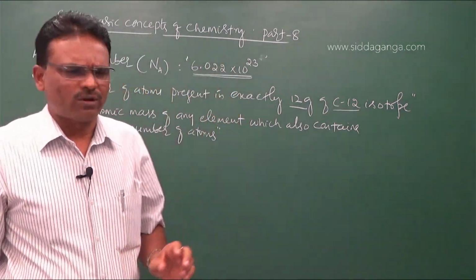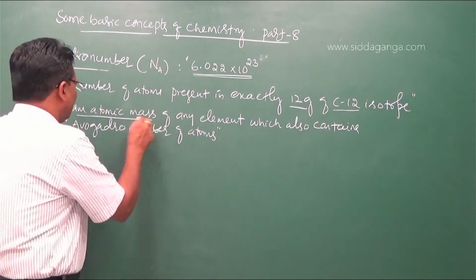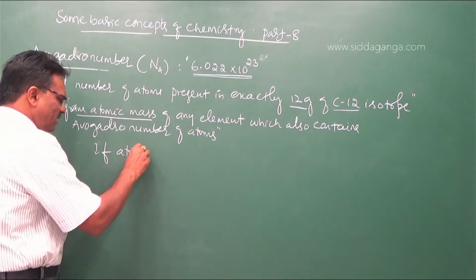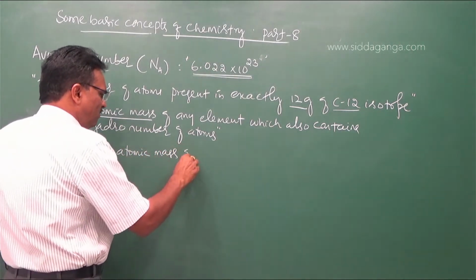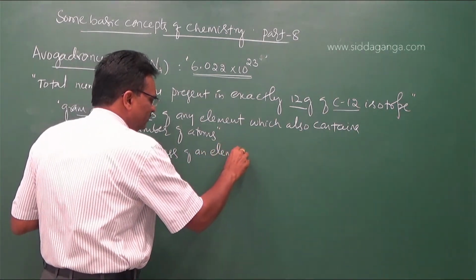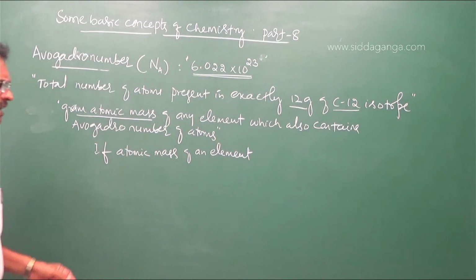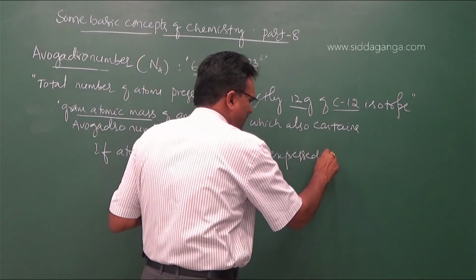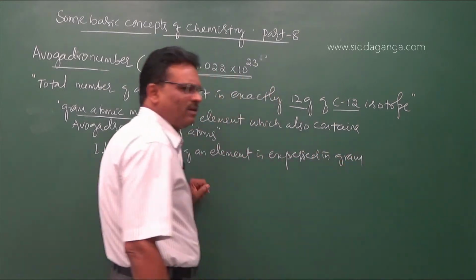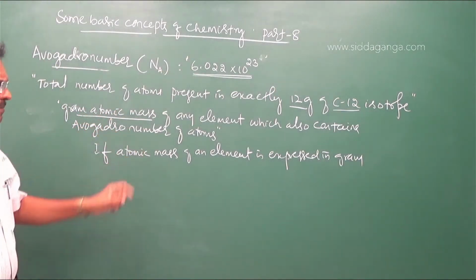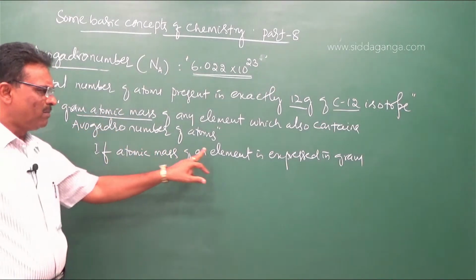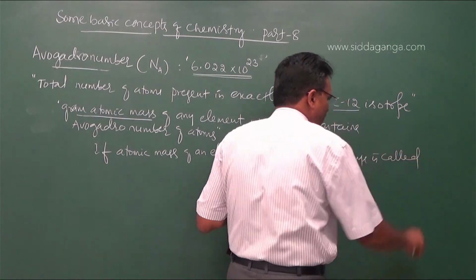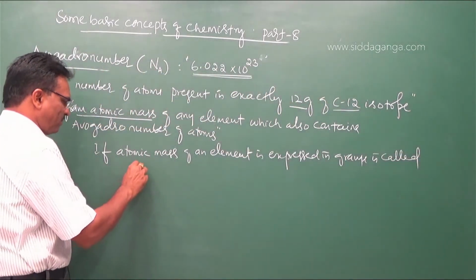Take any element and look at its atomic mass. So gram atomic mass: if atomic mass of an element is expressed in gram, then it is called gram atomic mass.